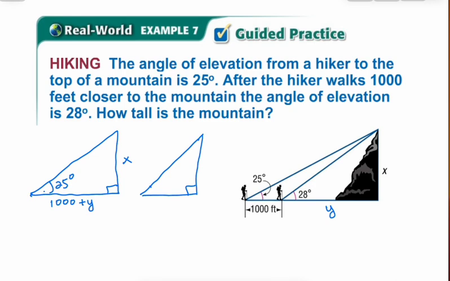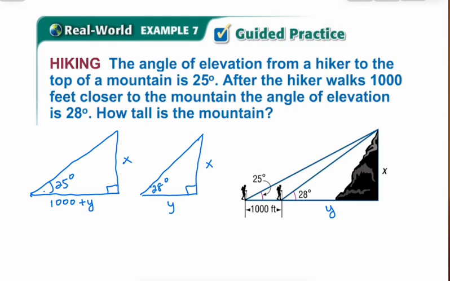Now we walked in 1,000 feet. And so now we are this triangle. So that's just going to be Y, X, and 28 degrees. So you always want to rip the two triangles apart. That's your first step. After you've drawn the situation, pull the two triangles apart.